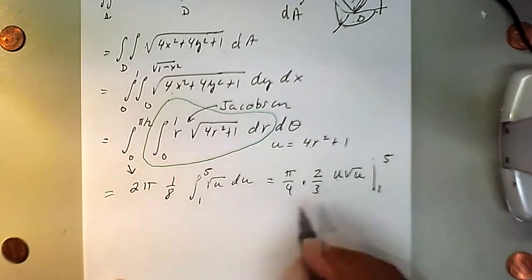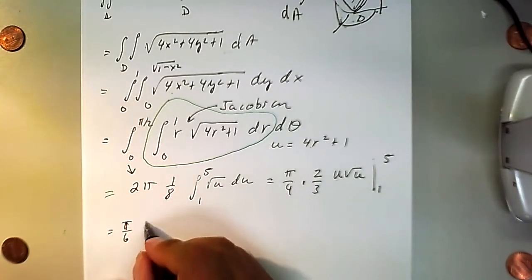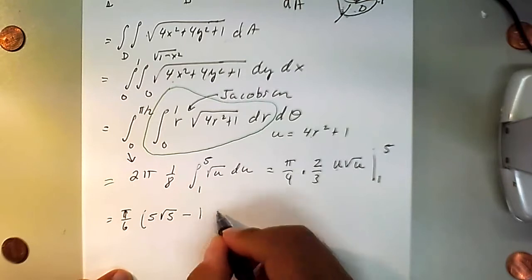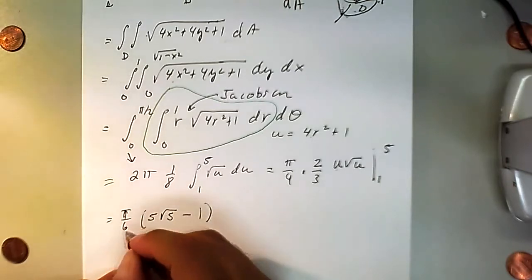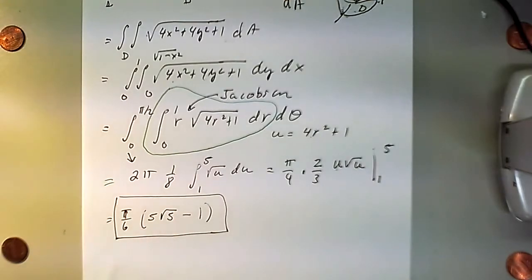Again, simplify that, and we end up with pi over 6 times, plug in 5 and 1, 5 root 5 minus 1, root 1. So there, this is the exact answer.